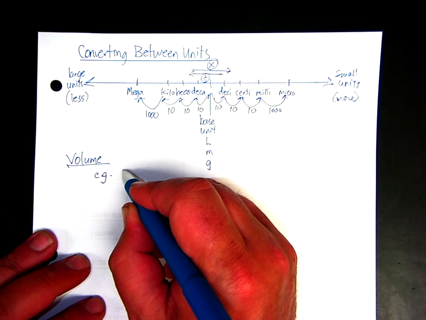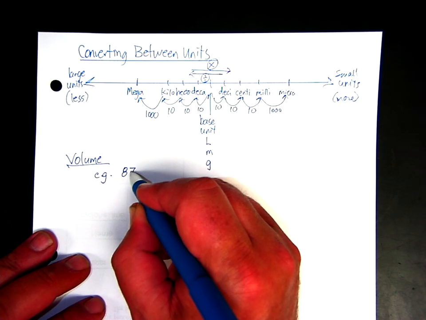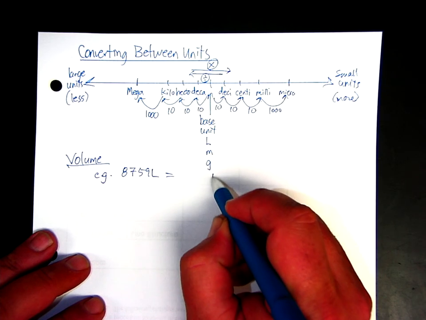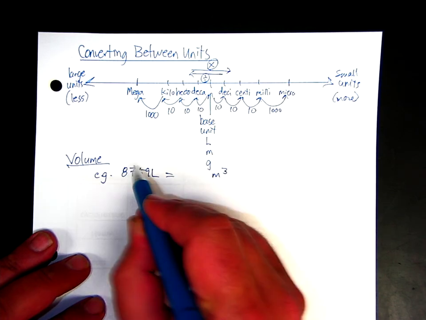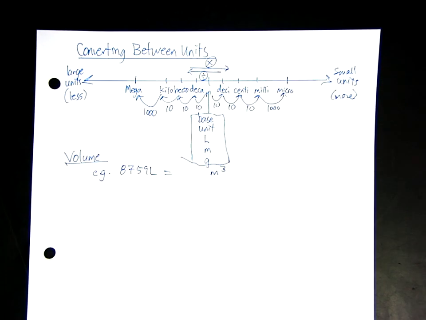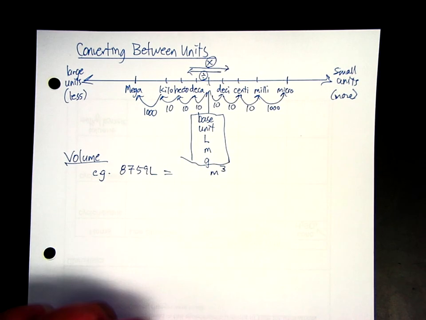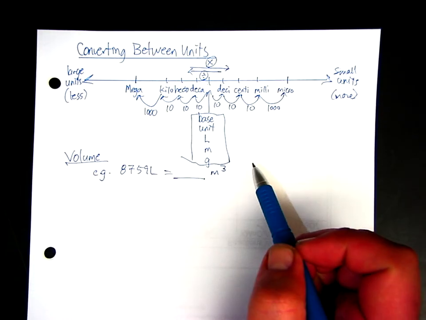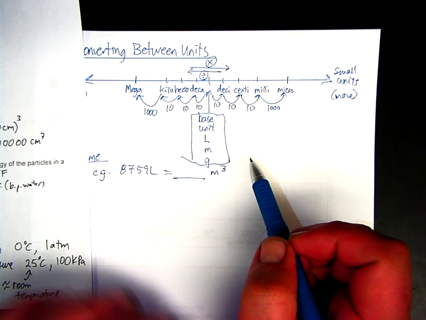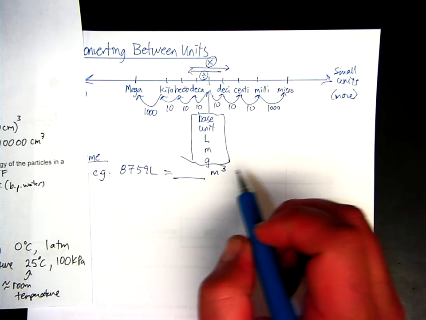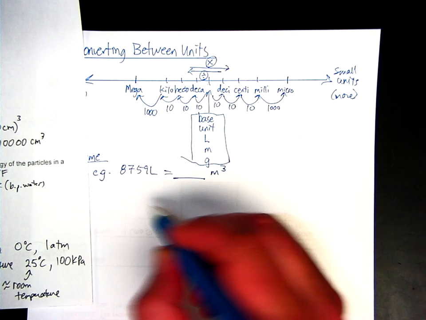Okay, so I have 8,759 liters, and I want to convert it into meters cubed. How do I do that? Well, I am going from capacity to volume, so I do need to know the unit changes. Just earlier we realized that 1 meter cubed was 1,000 liters.